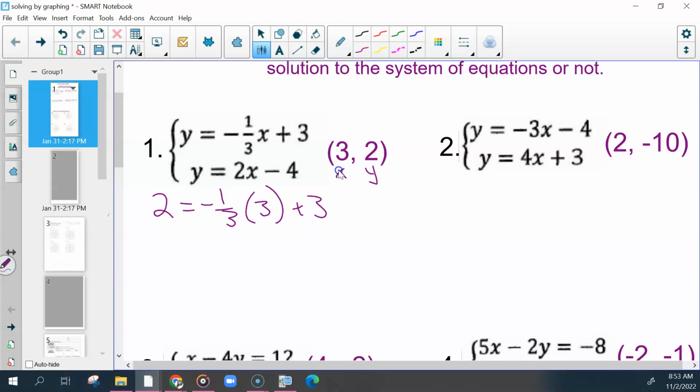If they're not true statements, it doesn't work. Because this is a system of equations, you have to check both. It could work for one and not the other. So if it works for one and not the other, then this is not your answer. But if it works for both, then it is your answer.